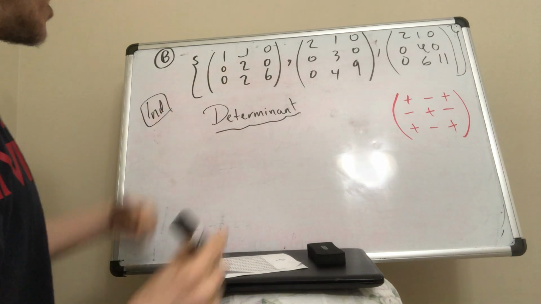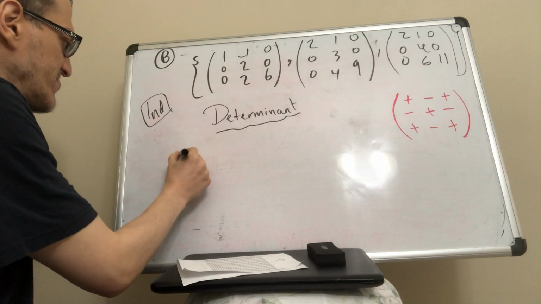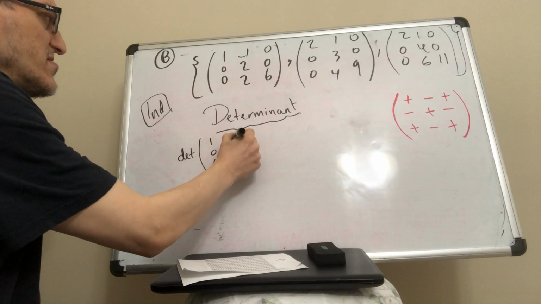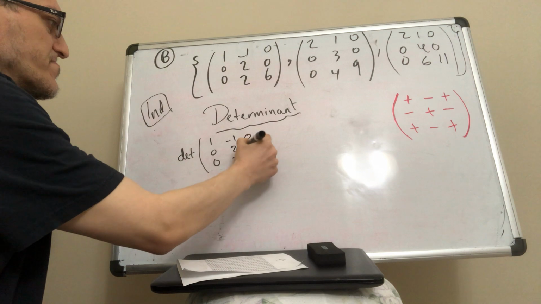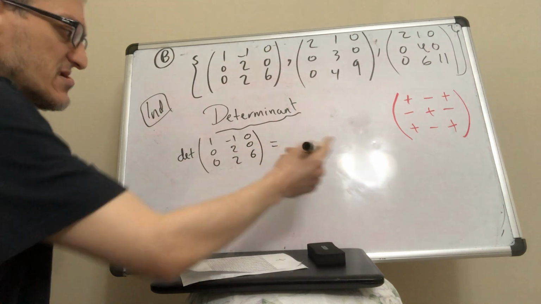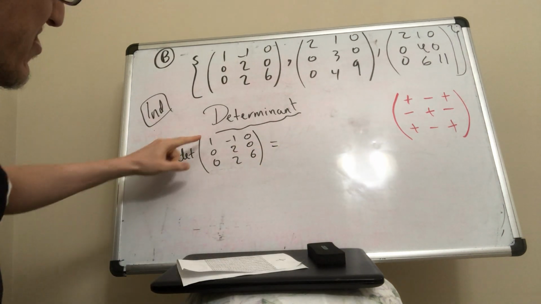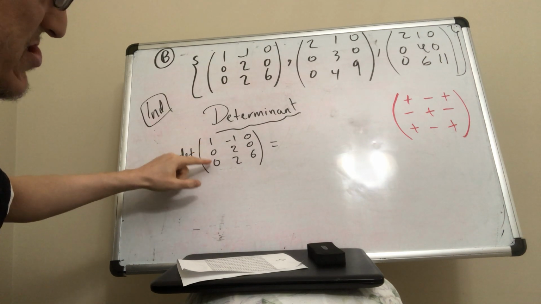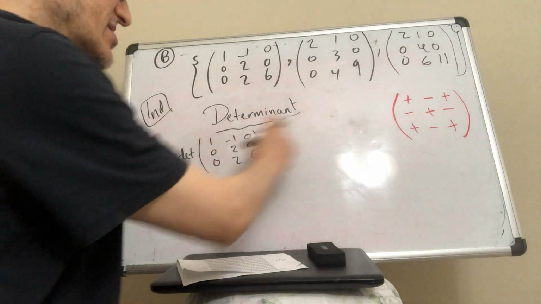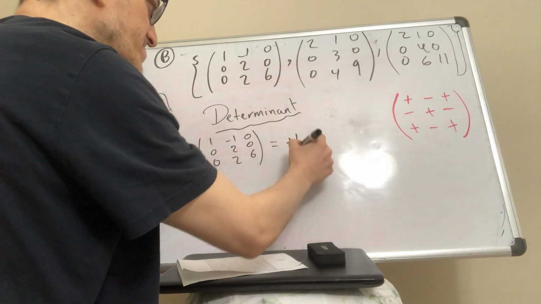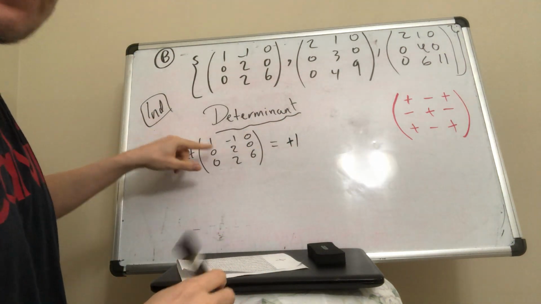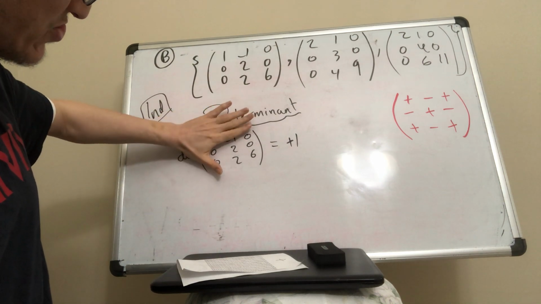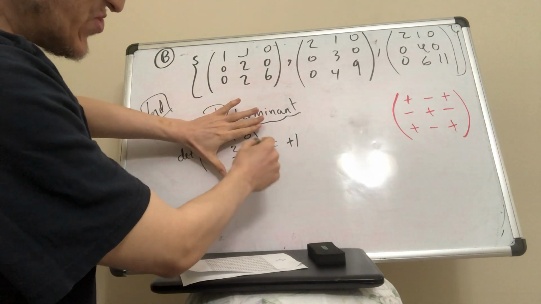So if I find the determinant for this, and you've probably seen it before, try and benefit from the fact that this is 1, 0, 0. So I start with the 1, that's positive 1. If I pick 1, then that cancels this column and this row. I only have these 4 left.